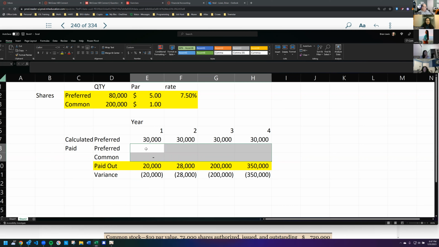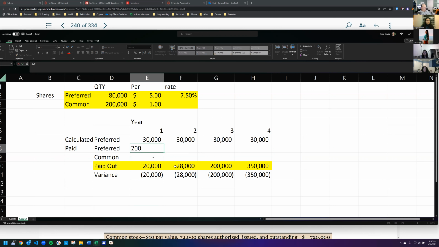All right, so since they were owed 30, but only 20 was paid out, this would be $20,000. That brings that to zero. In this year, $28,000, and this is zero. There's not enough money here to pay the preferred and the common shareholders.